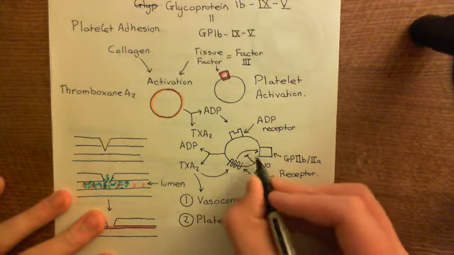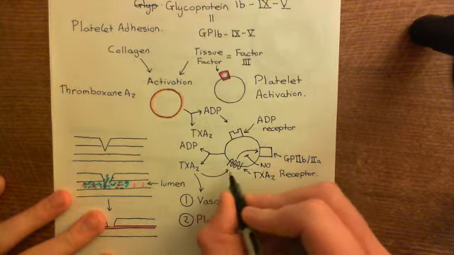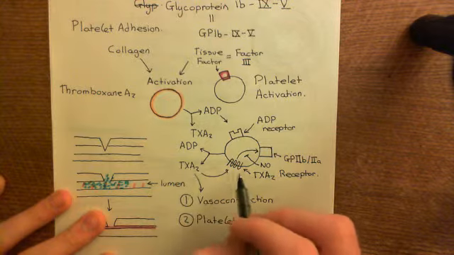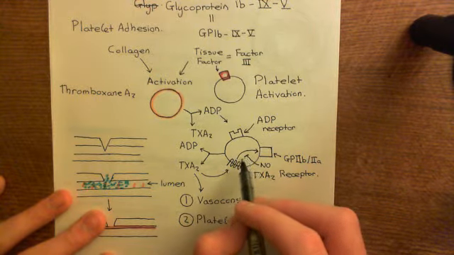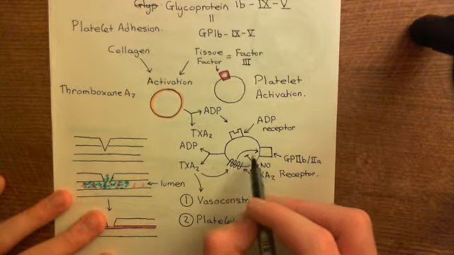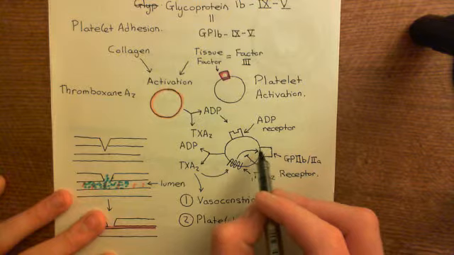So when platelets are exposed to nitric oxide, even if the thromboxane A2 levels are really high, then the thromboxane A2 receptor will become active, but it won't be able to trigger the activation of the GP2B/2A protein.